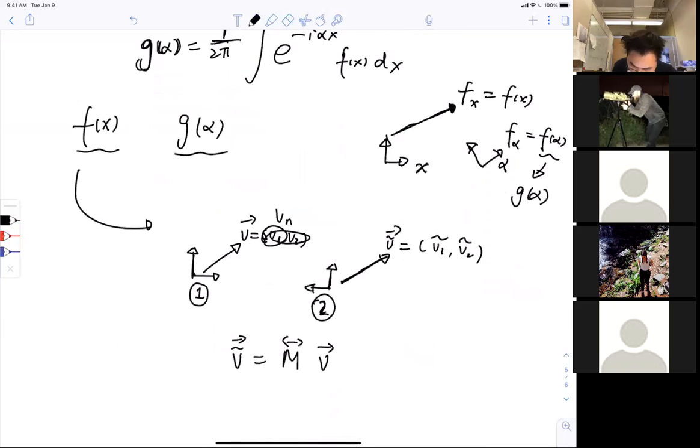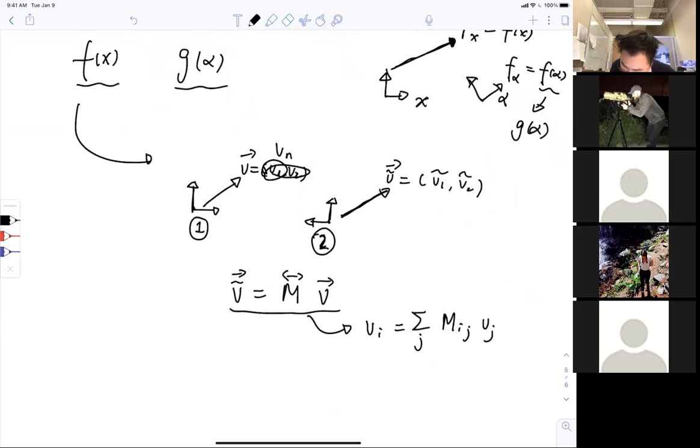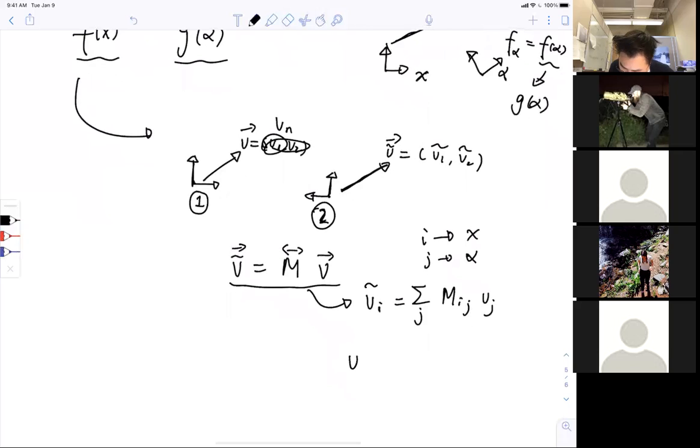So you can say Vi equals the component form, a matrix ij times Vj, right? If you think of i as x and j as alpha, then Vj is a function of alpha.